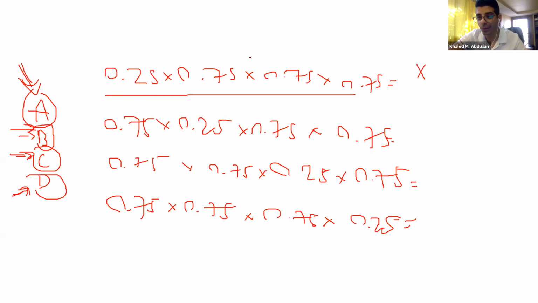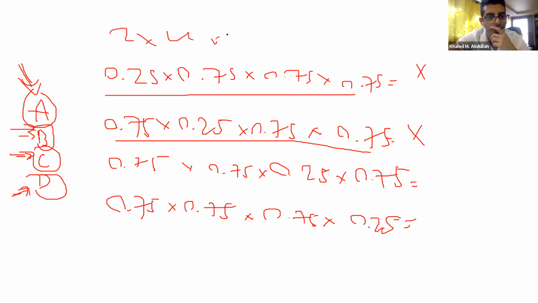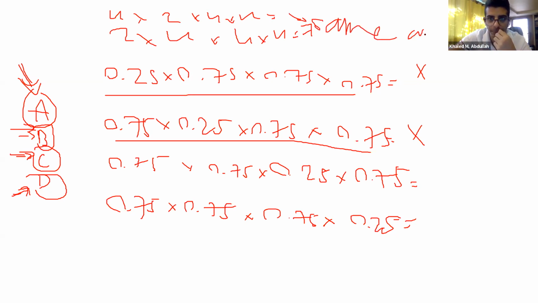Would anyone argue with me telling me that this thing right under here is not X? No, it's also X, because when you multiply four numbers, let's say you multiply 2 times 4 times 4 times 4, or if you do 4 times 2 times 4 times 4, these will always, always, always be the same answer.